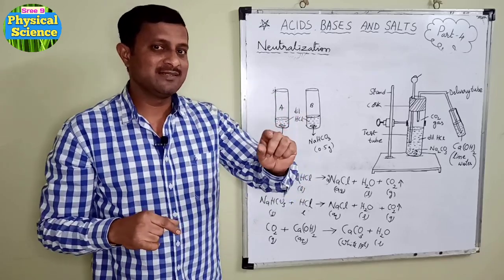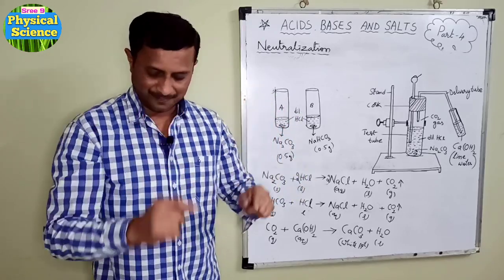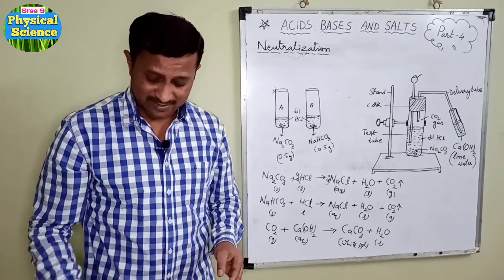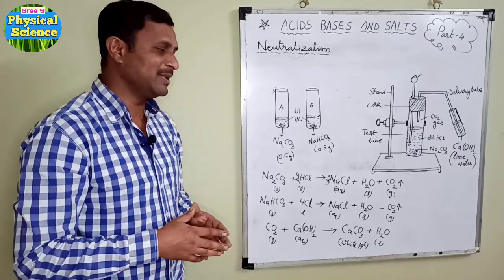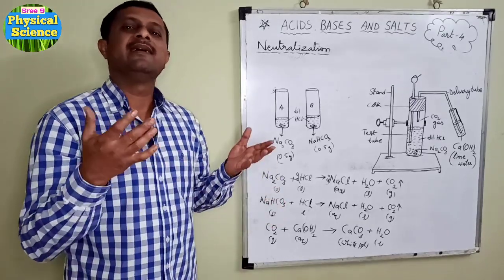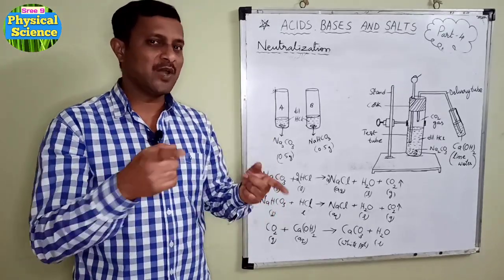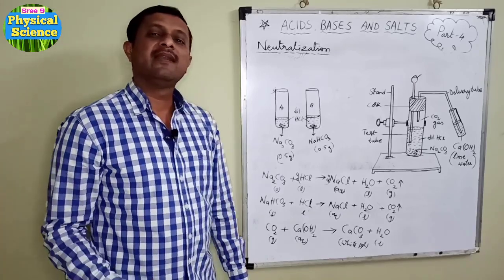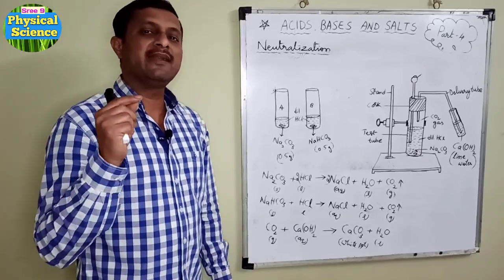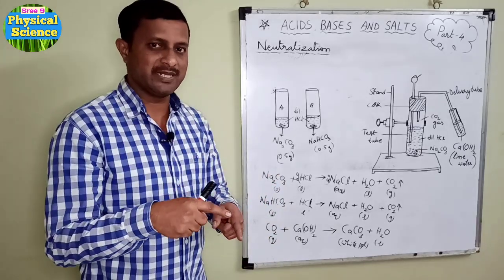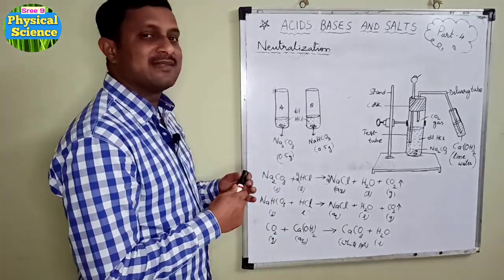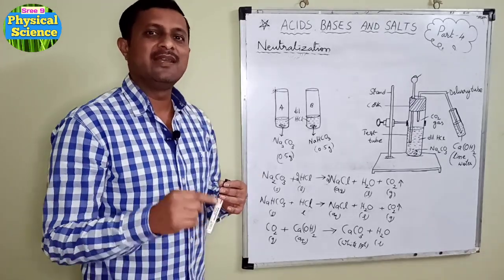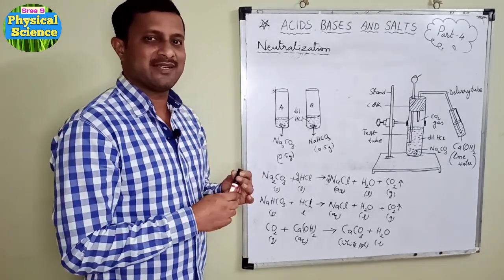So here what is the reaction taking place between? Yes, the reaction is taking place between acid and base. So now we come to a conclusion that when an acid and a base react together to form salt and water, such a reaction is called a neutralization reaction.